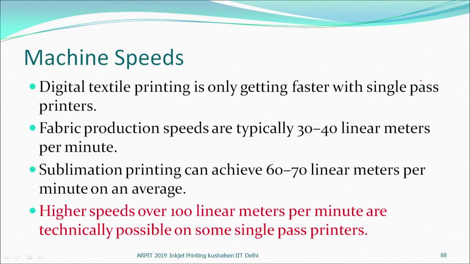What does it mean? Now your speeds, if this happens, are close to rotary screen printing machines. So, investment may be higher, but you are going to be printing faster. So, economy can come in case you have larger orders.